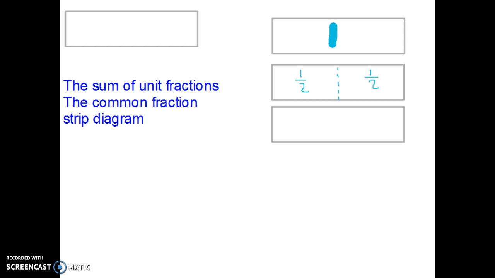So when I do a strip diagram, I'm going to fold it in half and then half again. And if you remember when we talked about multiplying, we use the same rule for doubling. Anything times 4 is a double rule.